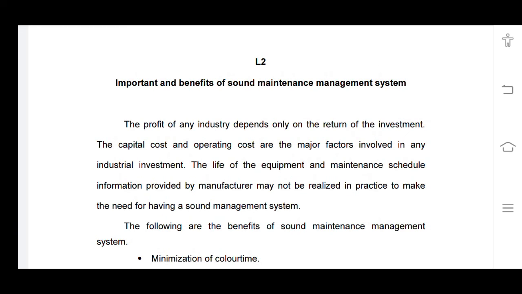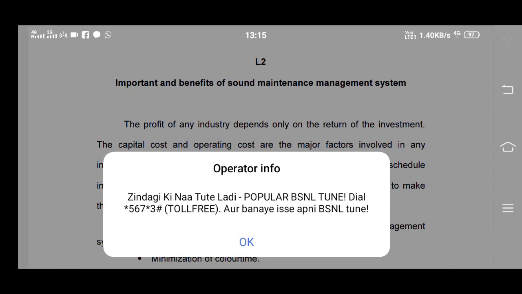So in today's industry and environment, there are different types of trends in maintenance. You can note it. The first trend is technology trends, like sensor technologies. What are sensor technologies?